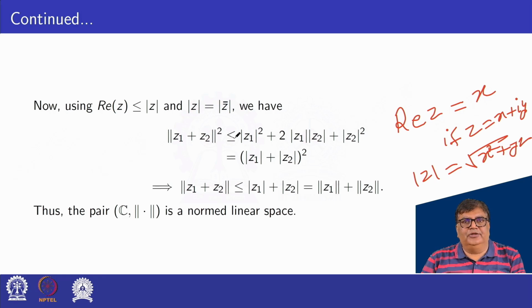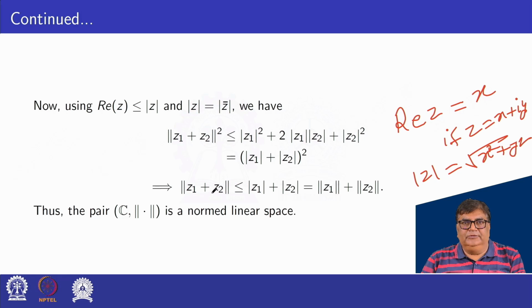Taking square root of both sides, we have norm z1 plus z2 less than or equal to mod z1 plus mod z2, and norm z is defined by mod z. So we can write mod z1 as norm z1 and mod z2 as norm z2.